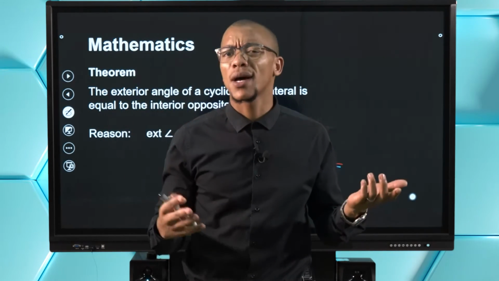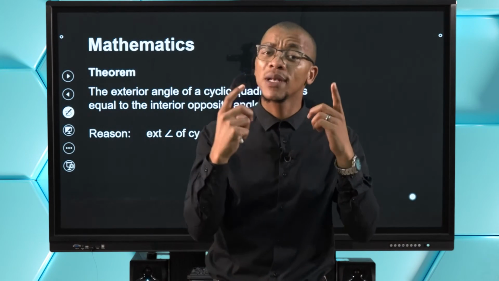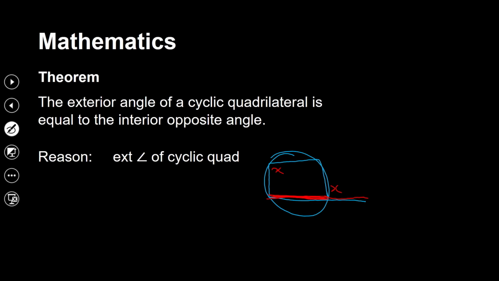So those are the things that you please need to note there. Our reason for this is normally exterior angle of a cyclic quad, or you can say exterior angle of C/Q. And that's what I will then have as the theorem there.